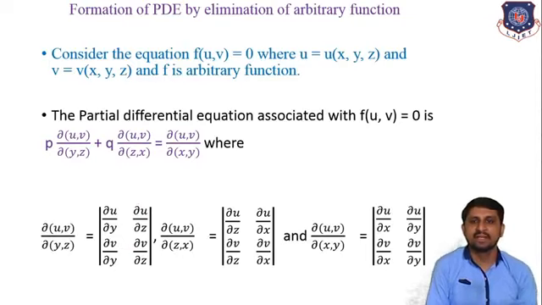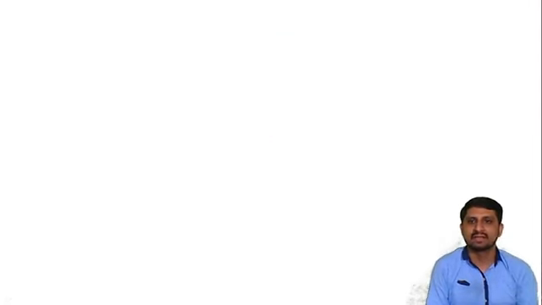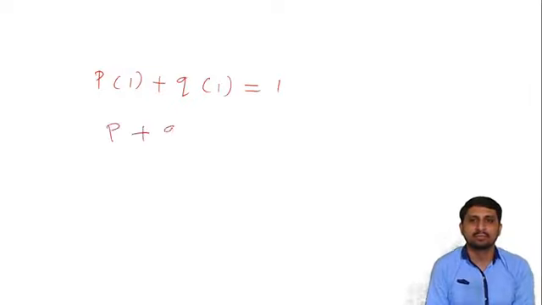P into 1 plus Q into 1, that is equal to 1. So P plus Q is equal to 1. Easy to understand. So this is our final answer.